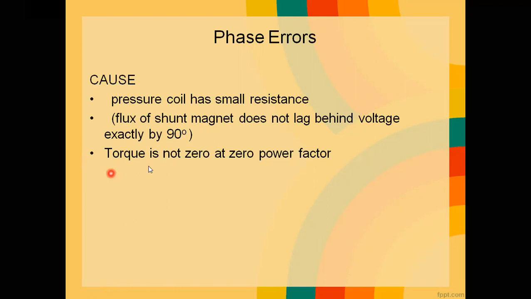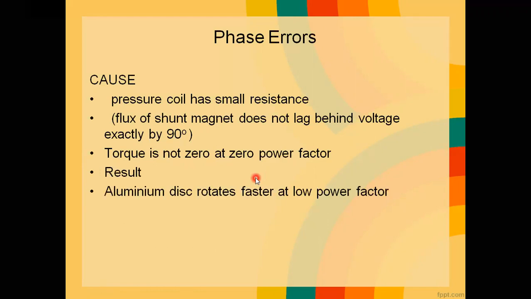The torque is not zero at zero power factor. This is an important reason for the phase errors. So for zero power factor, torque will not be zero, and thus we'll get an incorrect result. Aluminum disc rotates faster at lower power factor. These are a few causes and results of phase errors.